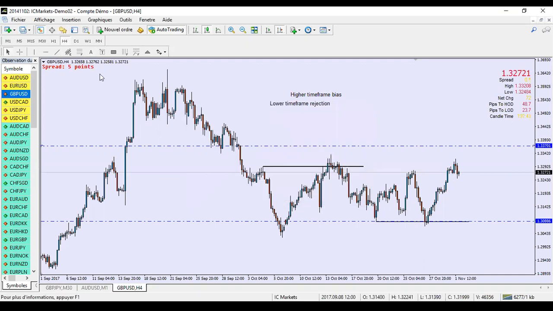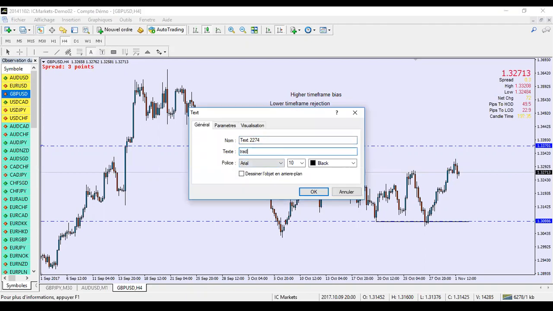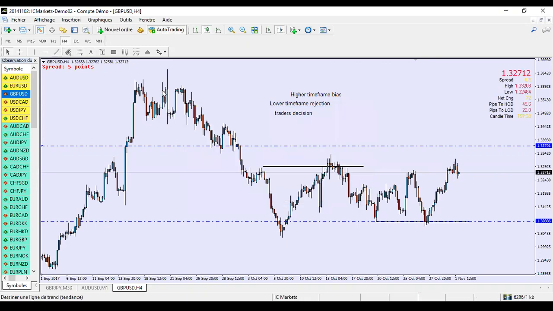Then you have the trade decision made by most traders. Then you have the stop loss zone, what I call the stop loss zone. And that's where I start to hunt for a trade.